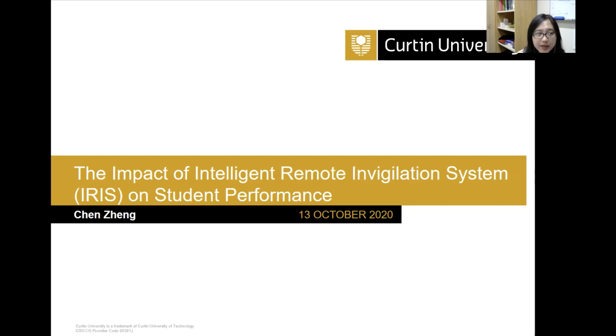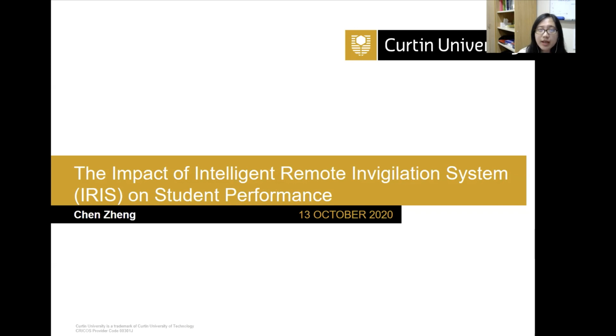Curtin University has been using and developing ARIS since 2017. Regular student surveys suggest that students generally become comfortable with ARIS once they have used it, and they value the ability to take tests remotely. Actually, ARIS helps ensure the integrity and fairness of the assessment for all students.